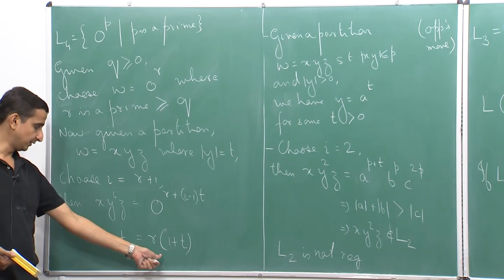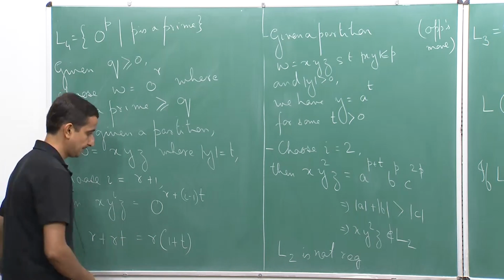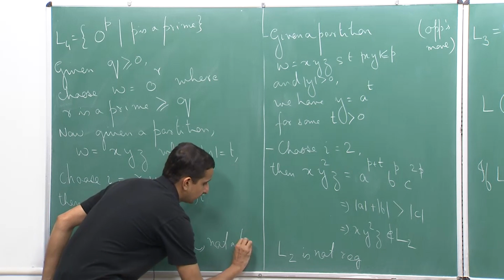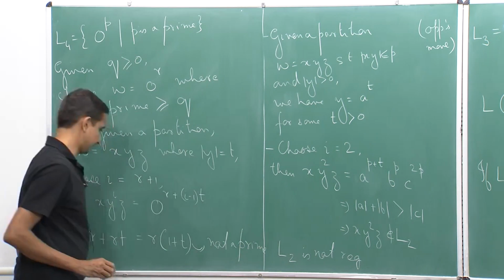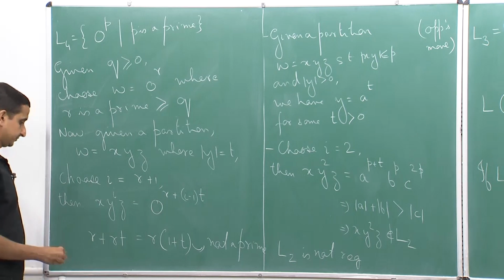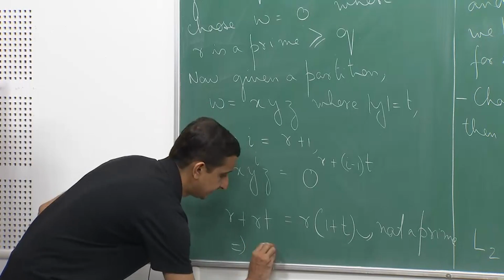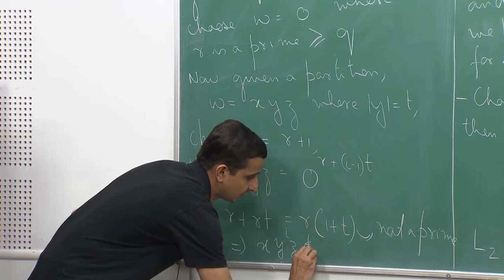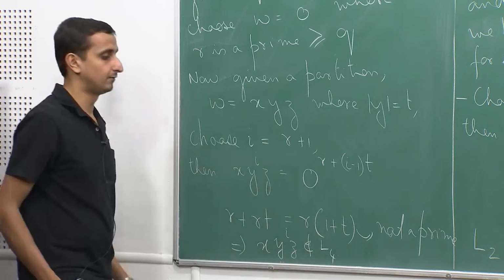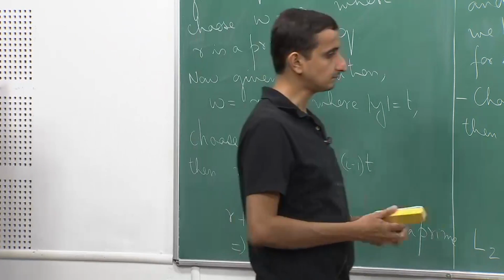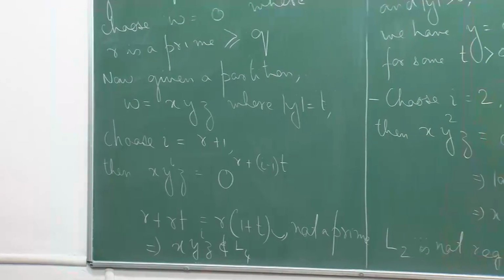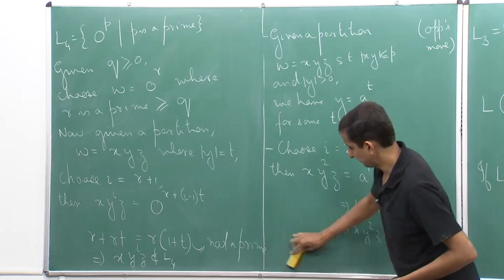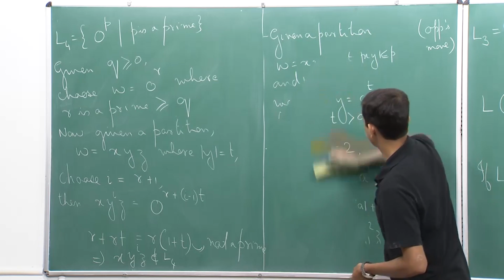So, what we get is a composite number, not a prime, which implies that x y to the power I z is not in L4. So, that completes the example.